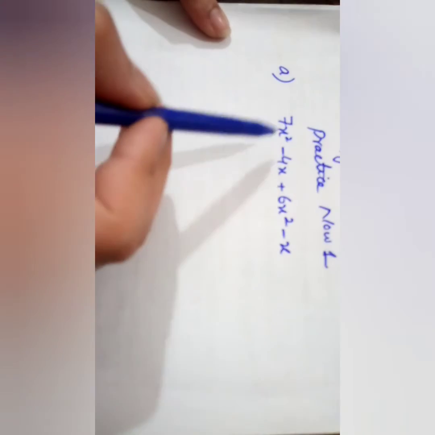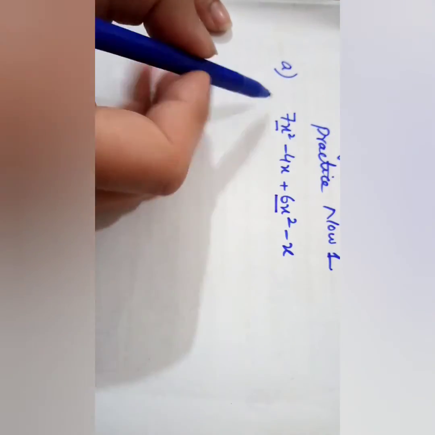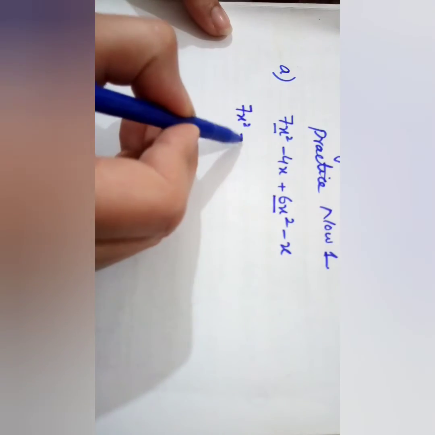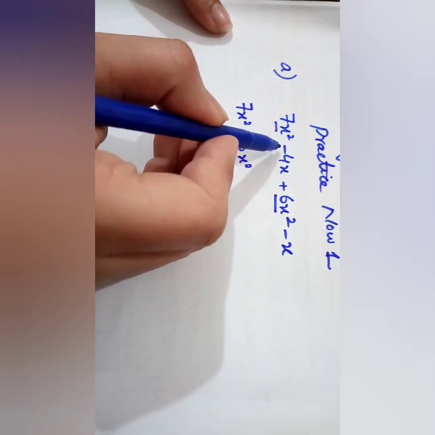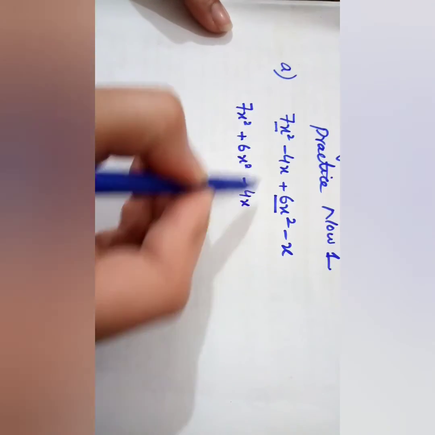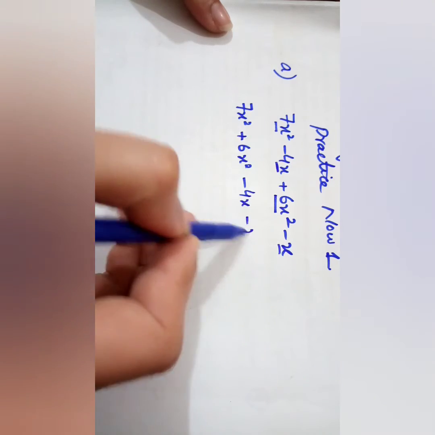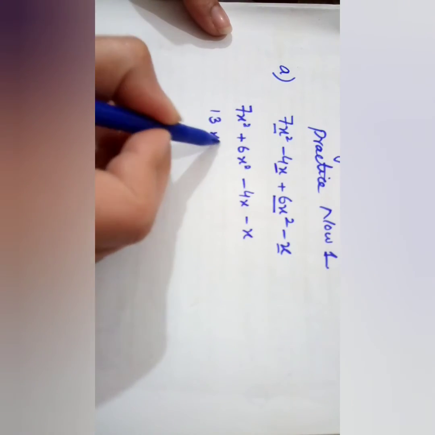Firstly, in this step, write the same variables together. 7x square, and the other x square term is plus 6x square. Then the next term is minus 4x, and the other x term is minus x. 6 plus 7, 13x square.